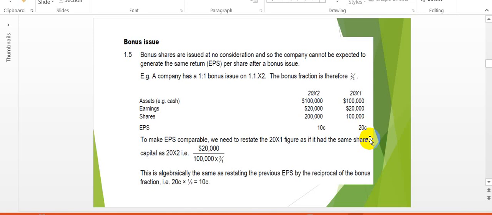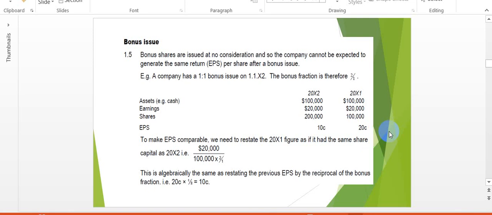So that EPS of 10 cents in 20x2 cannot be compared with the one in 20x1. For us to be able to compare the two EPSs, we need to restate the 20x1 figure as if it had the same share capital as 20x2.